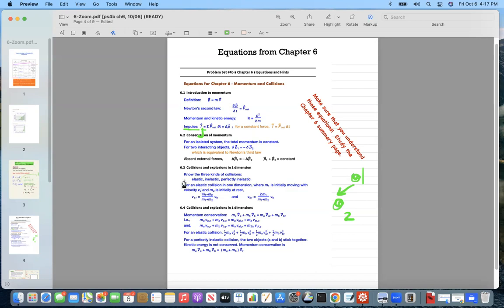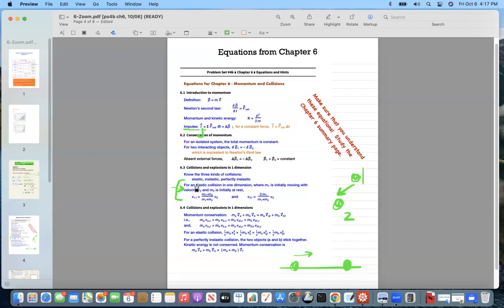Here are some important equations that you can use in some of the homework problems, probably on an exam problem. When you have motion in one dimension, one object is moving in one dimension, the other object is at rest, and then there'll be a collision.